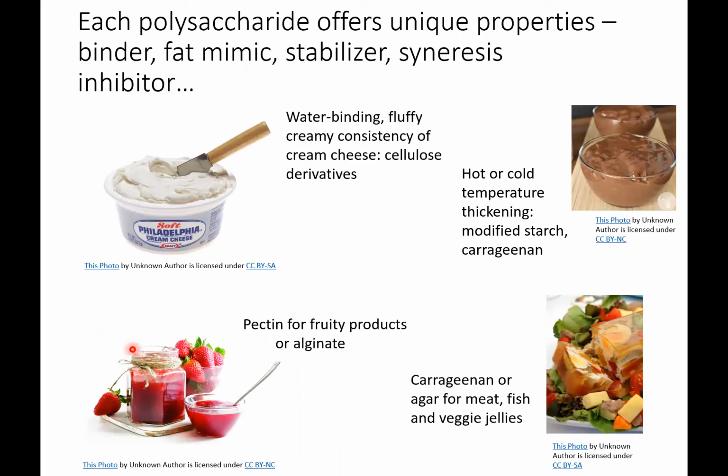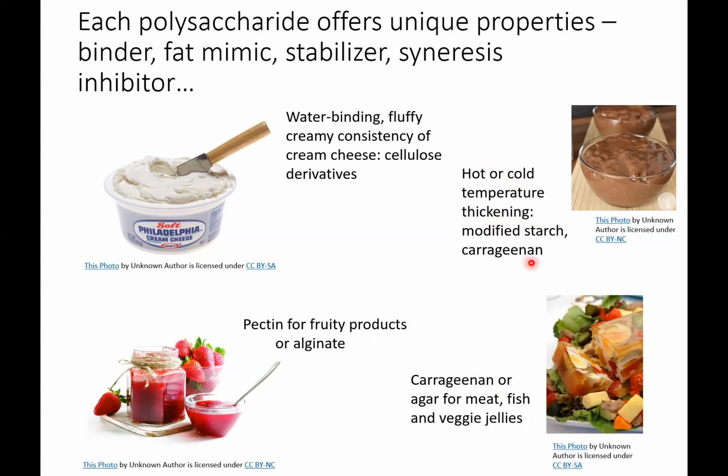Pectin, as we already said, works really well with fruit because it's obtained from fruit. Alginate works also well. Alginate doesn't have any taste or anything, and can be used very easily here. Carrageenan for meat and fish and veggie jellies. And then hot and cold temperature thickening, there are a few where the temperature isn't that decisive.